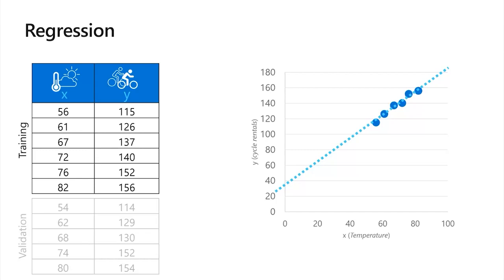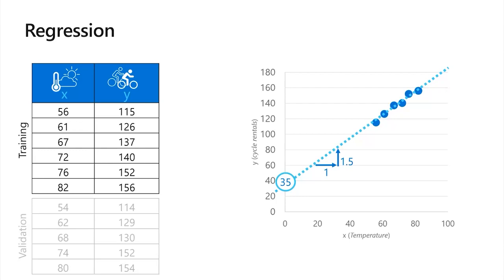The point where the line intersects the vertical axis is around 35, and the slope of the line looks to be around, for every 1 increase in temperature, about 1.5 more bike rentals. It looks about right. So I have 35 as a baseline, and the slope is 1.5.